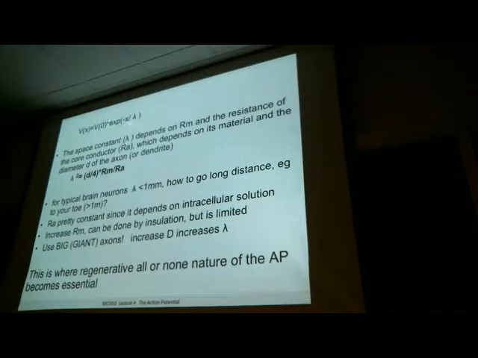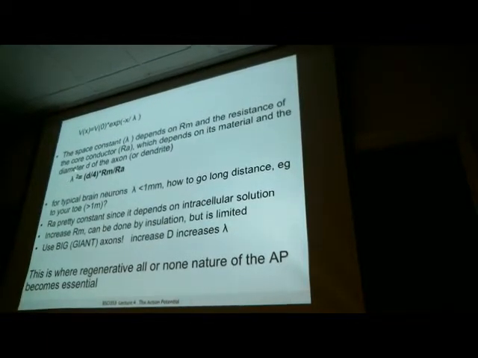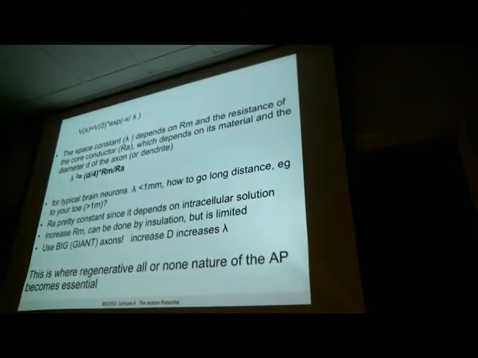So here's the same equation. We can define or calculate lambda based on a couple of properties of the membrane. Remember that in a cell, you have the membrane resistance, and that's basically a measure of the leakiness across the membrane, right? So you've got those leak channels. That's usually called Rm.